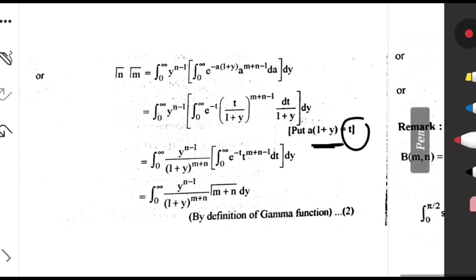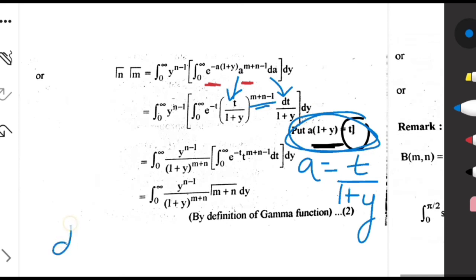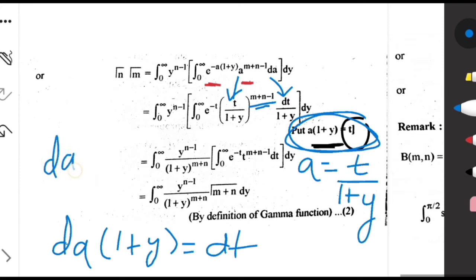Okay, so the change will be, it will become e to the power minus t, and if you take the value of a from this, instead of a it will be t by 1 plus y, power will be this, and dA will be this. Just differentiate this, so you will get dA times 1 plus y is equal to dt. Okay, so dA will be dt, shift this to the right hand side, and it will be 1 plus y.